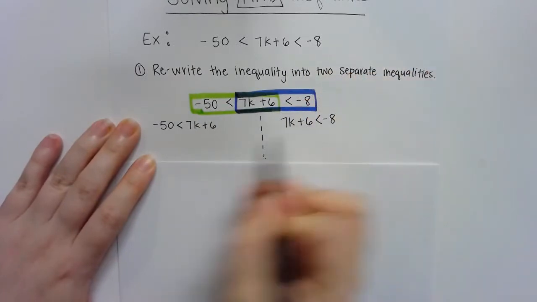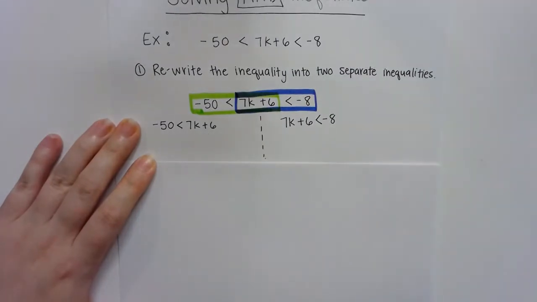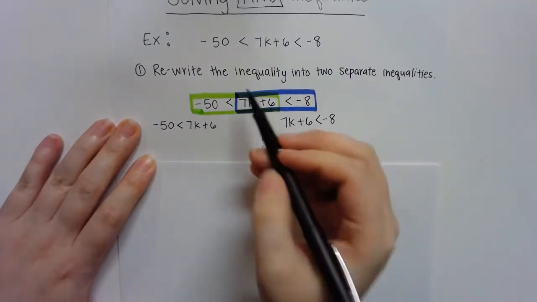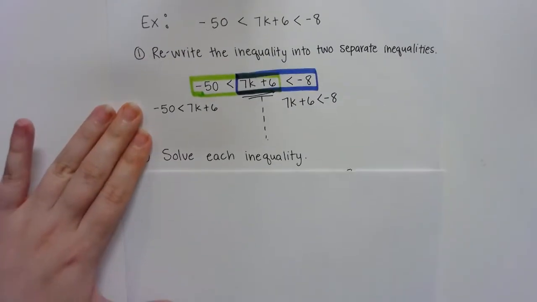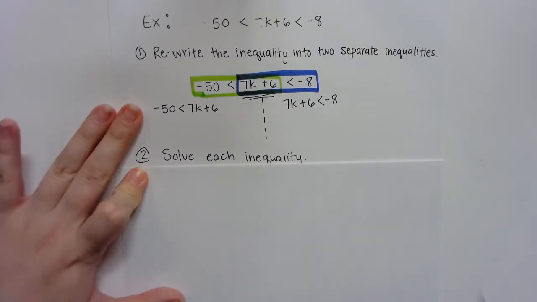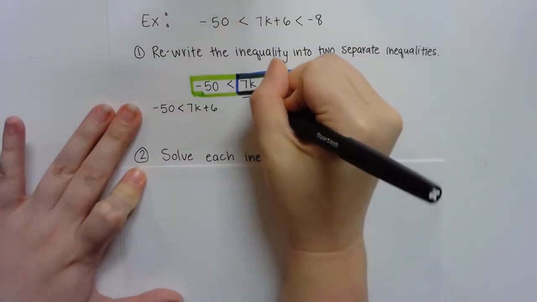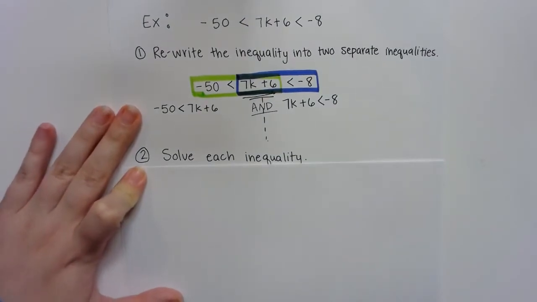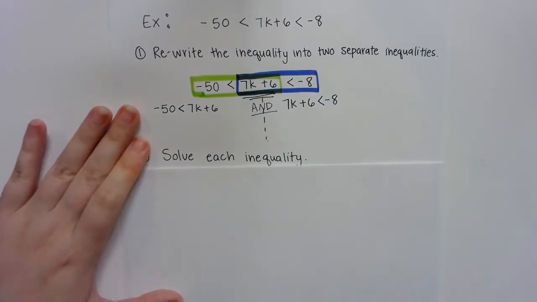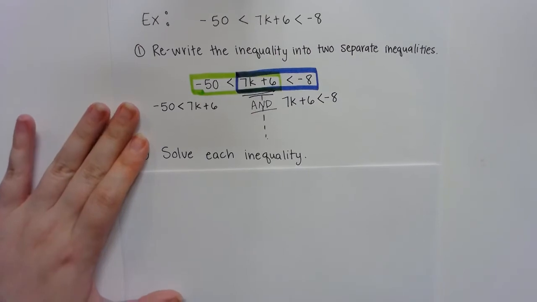Notice the 7k plus 6 is a part of both of these, because that's my common ground in the middle. Then after we've written them as two separate ones, we can solve each of them. Remember, this is an "and" inequality, so we can keep that word "and" in the middle, just like the word "or" is on the other, to show that they both must be true.